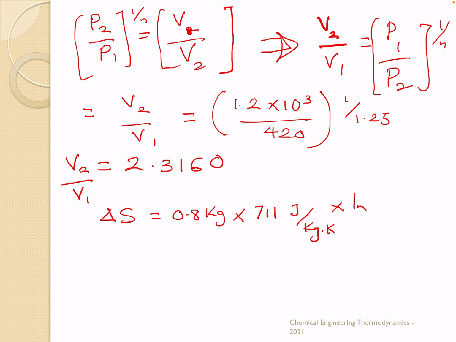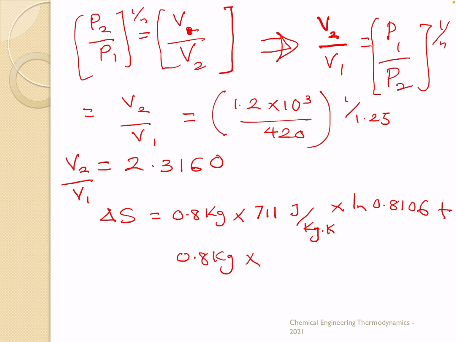So we have ln 0.8106, that's our T2 over T1, plus the other part of the equation. I'm going to write it here, which will be mR times 0.8.